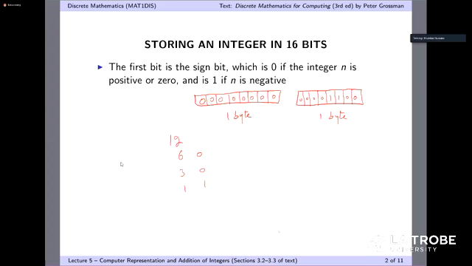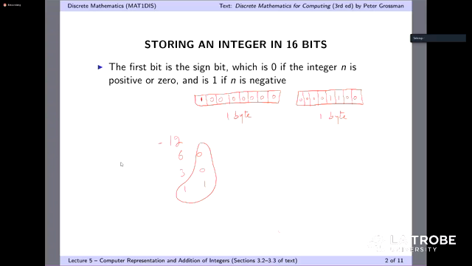And if it was a negative number, suppose you have negative 12, then what you would do, you will put 1 here, okay, and then take the 1100 there as it is.